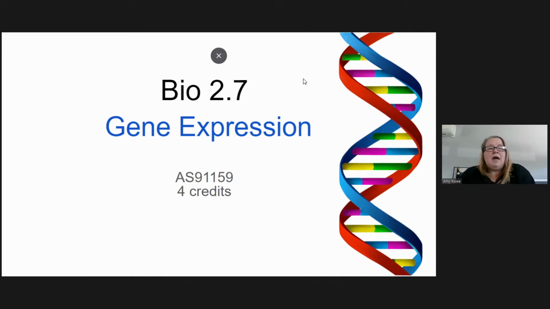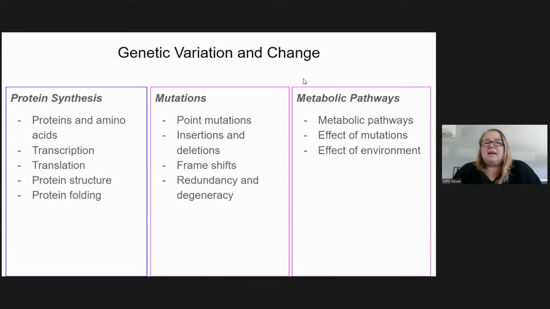There is probably less specific material in the gene expression topic compared to the other two, but it is a little bit more complex and a little bit more detailed. Broadly speaking, we can divide the topic up into protein synthesis, where we look at proteins, amino acids, transcription and translation, and then how we fold up our amino acid chain into a protein.